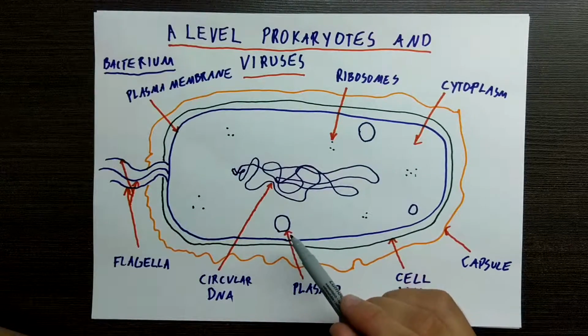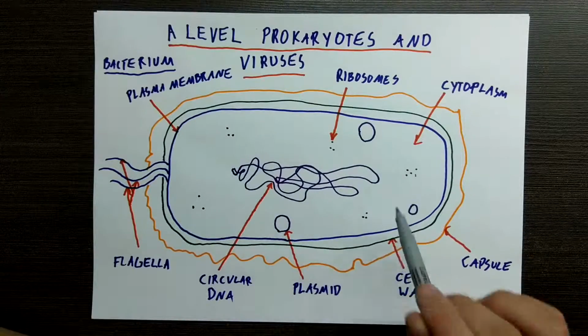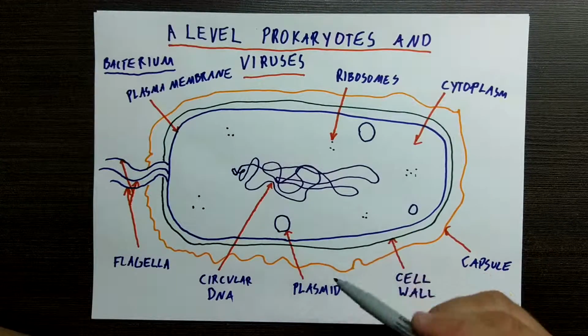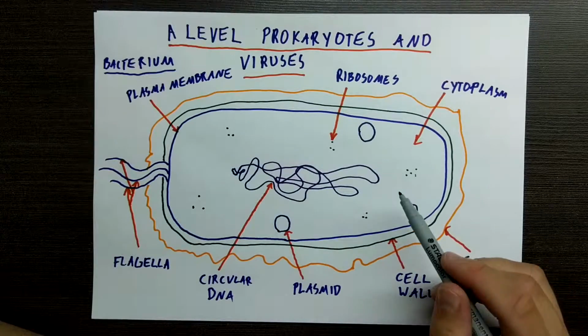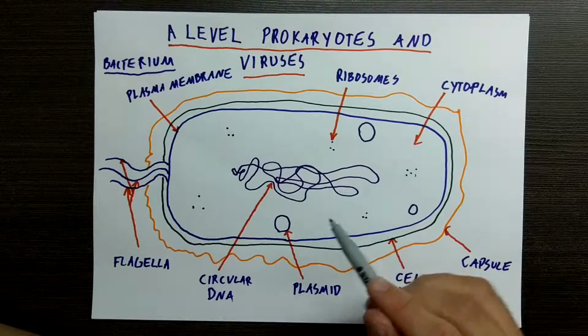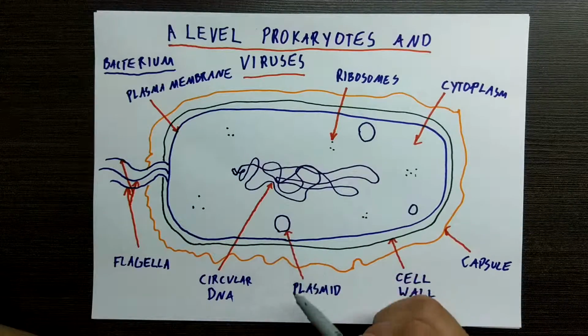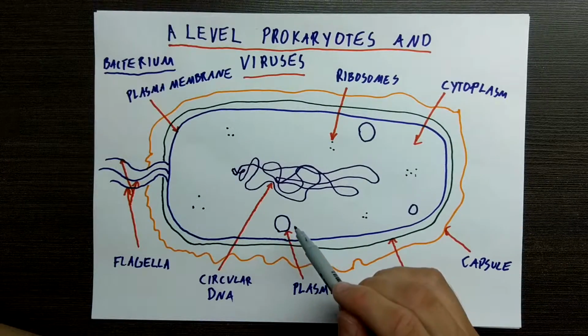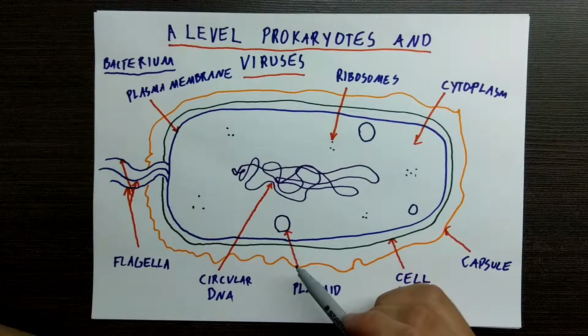And these plasmids can contain many, many genes. So each plasmid can contain different DNA, so it can code for different things. The significance of that to us is that bacteria can transfer their antibiotic resistance across to another bacteria using plasmids.